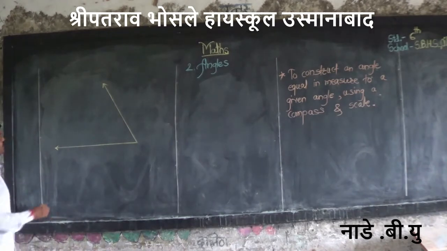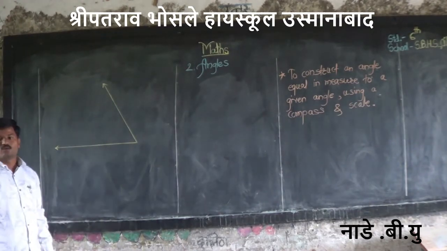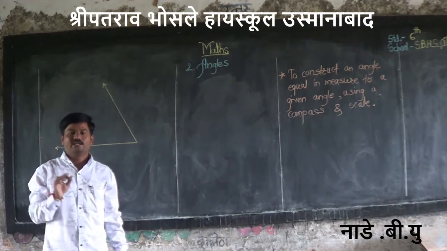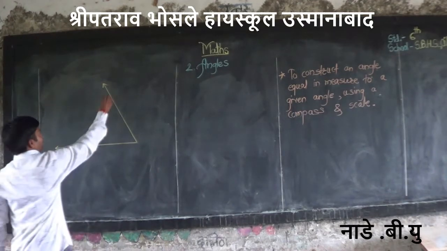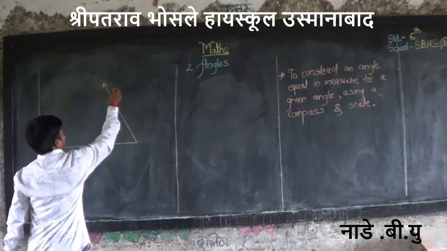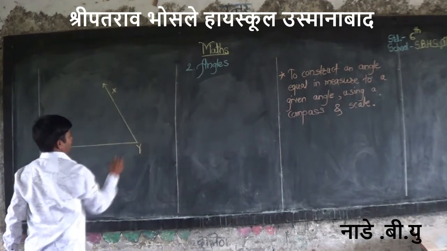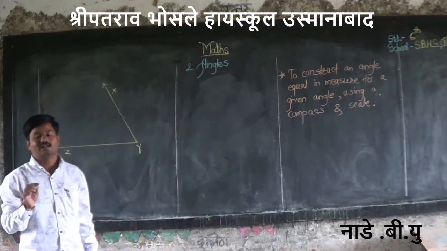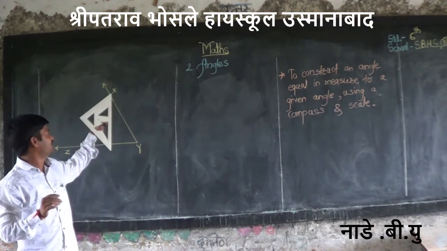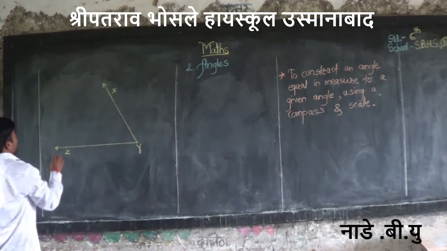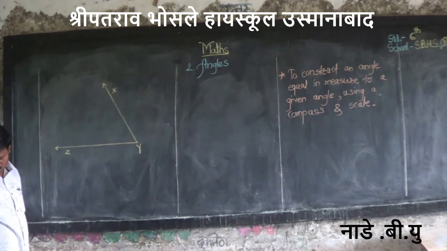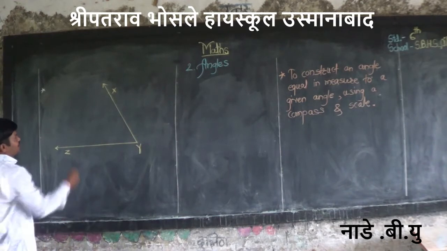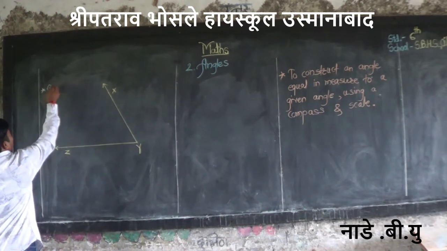For better understanding, this is the question angle and our answer angle is equal in measure to it. Suppose this angle's name is XYZ. Here we construct an angle of the same measure as angle XYZ using the compass and ruler.